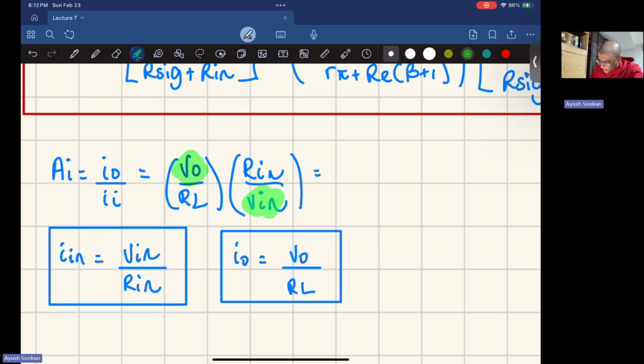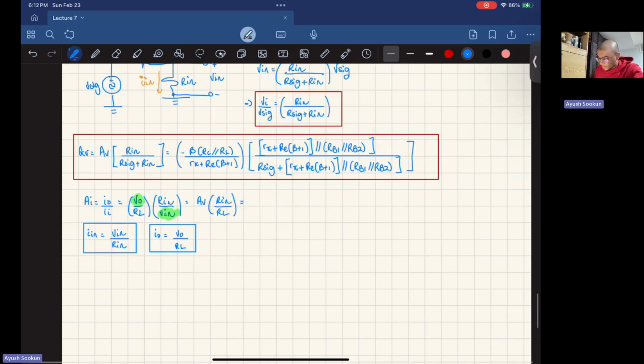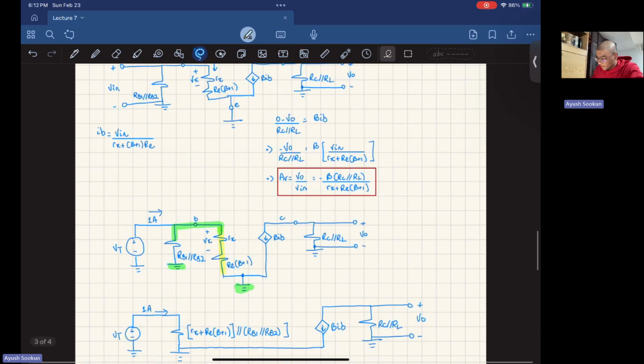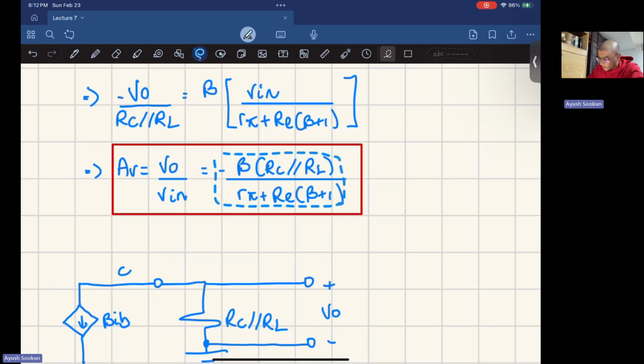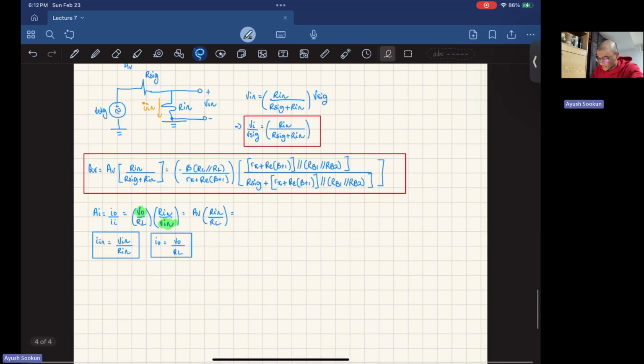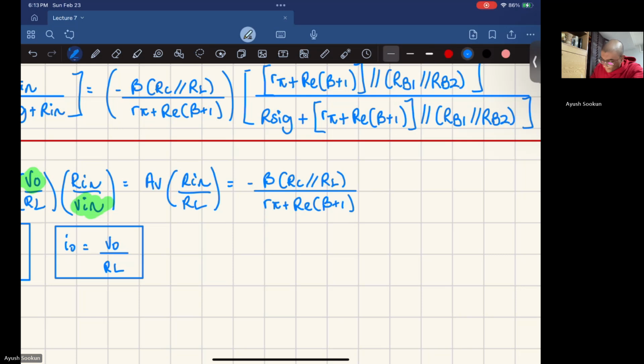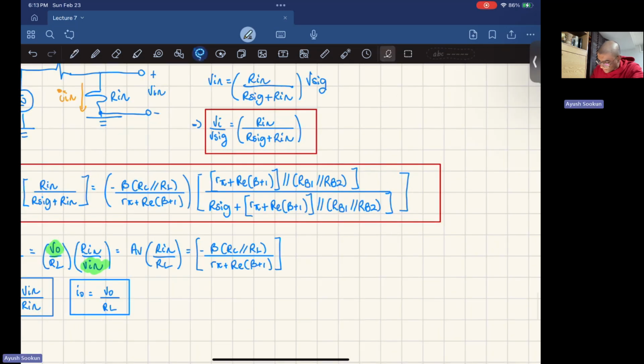V out over V in is just AV, which is my voltage gain, times R in over RL. So everything ties back to the voltage gain. If you find the voltage gain correctly, it's a freebie question and it's worth a lot of marks on the final exam. You do that correctly, you're basically going to pass the course, I'm telling you right now. So this is AV, and then Rn is this value here.